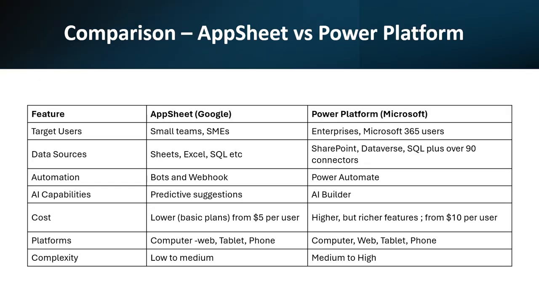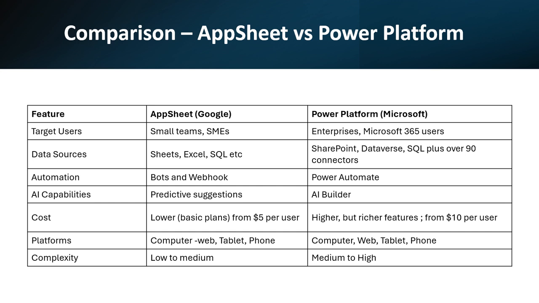Okay, so a comparison of the two apps, AppSheet versus Power Platform. The targeted users: AppSheet is mainly good for small teams, maybe of less than 100 or 50. I remember creating one for a team of around 60, scattered all over the country, who do marketing and sales for manufacturing companies.